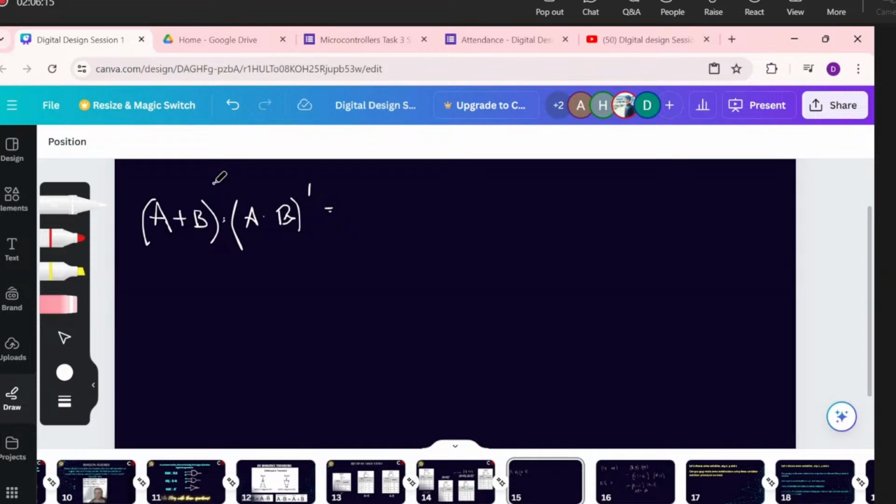So when I start simplifying it, if I use De Morgan's theorem, or first let me split, I'll get a into a dot b prime plus b into a dot b prime.